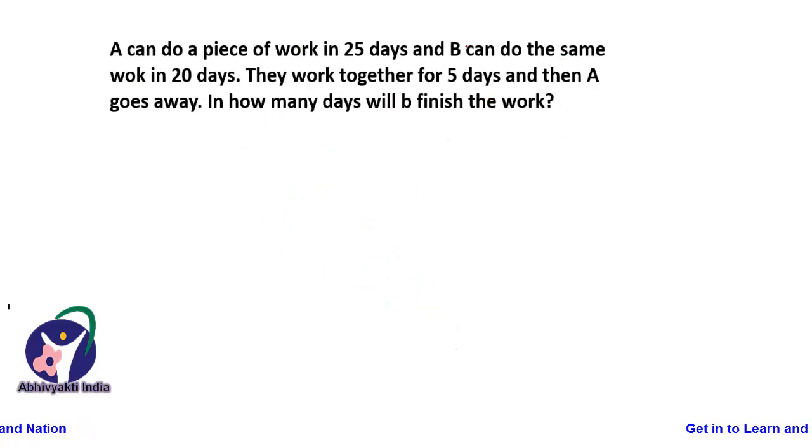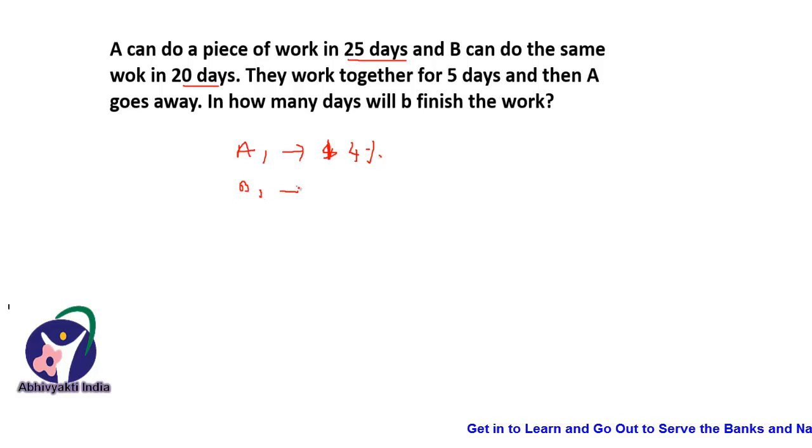The next question is: A can do a piece of work in 25 days. It means in one day he completes 100 by 25, that is 4% of the work. B can do the same work in 20 days, so in one day B can complete 100 by 20, that is 5%.